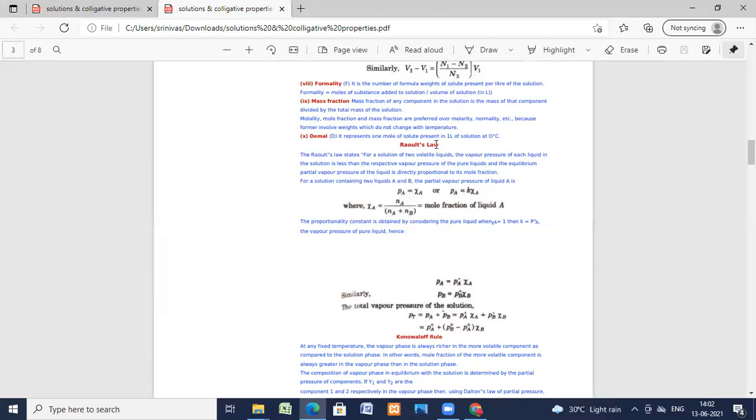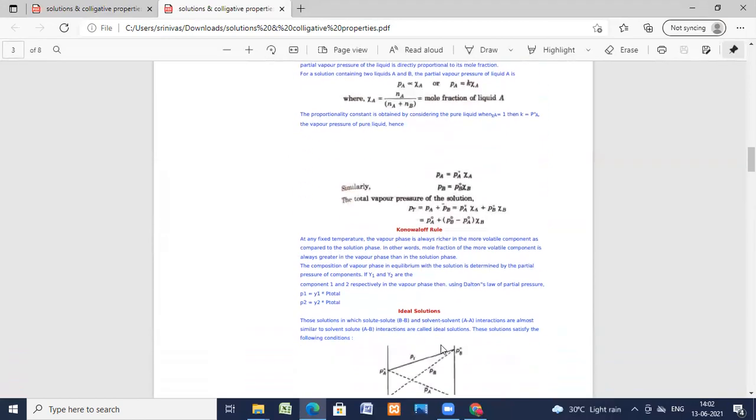Later we can see the derivation. What is Konowalow's law? At any fixed temperature, the vapor phase is always richer in the more volatile component compared to the solution phase. In other words, the mole fraction of the more volatile component is always greater in the vapor phase than in the solution phase.